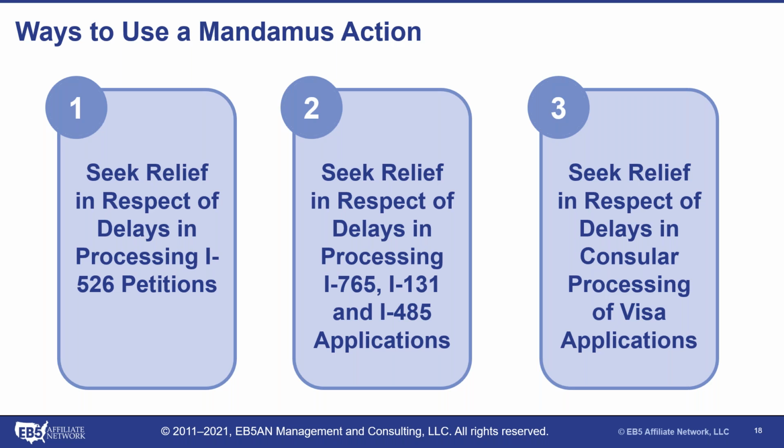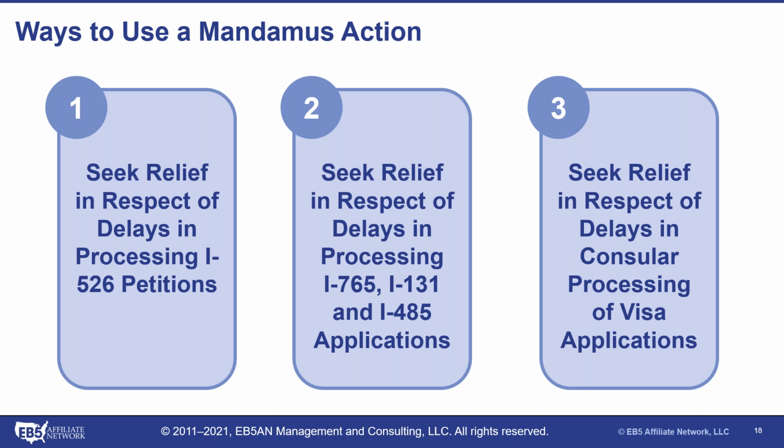So Stephen will explain what that process is. And then once he finishes talking about the administrative process of filing the mandamus, we will then shift gears onto seeking relief for those who are at the adjustment of status level. And then subsequent to that, we'll talk about what the consular level looks like.